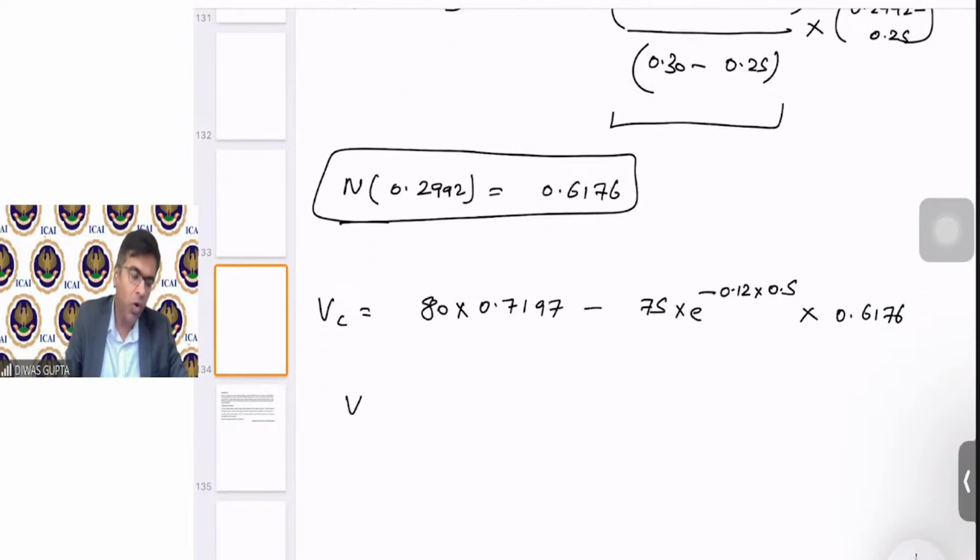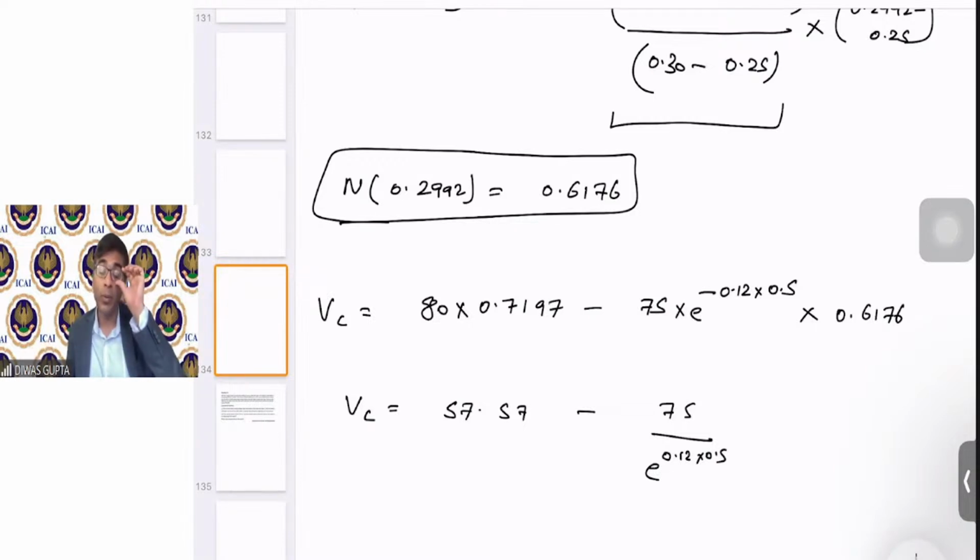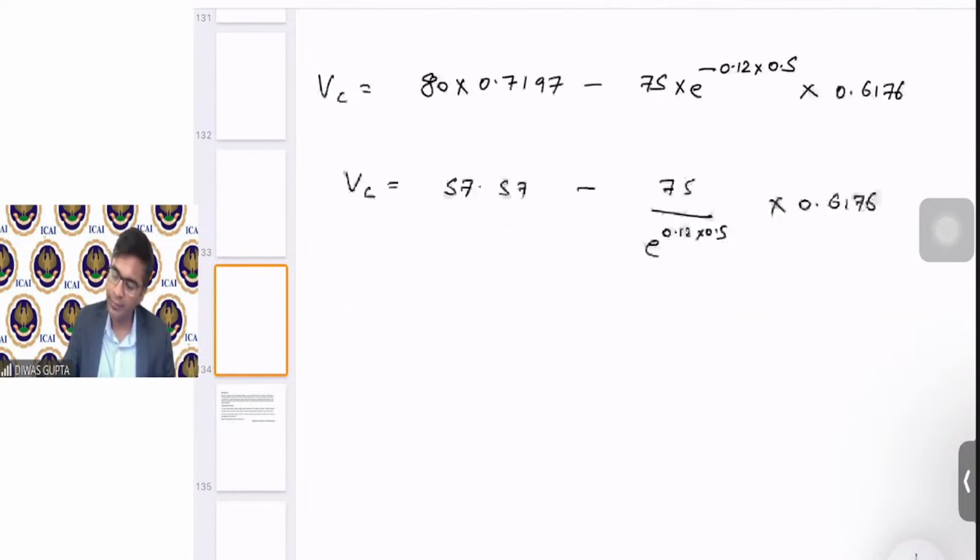So the value of call option becomes 57.57 minus 75 divided by e raised to the power 0.12 into 0.5. This also we can do, right? Because I have explained to you, if it is in the denominator, we have to take it in the numerator, and the power becomes minus. Okay. Then finally, the value of call option becomes 57.57 minus 75.